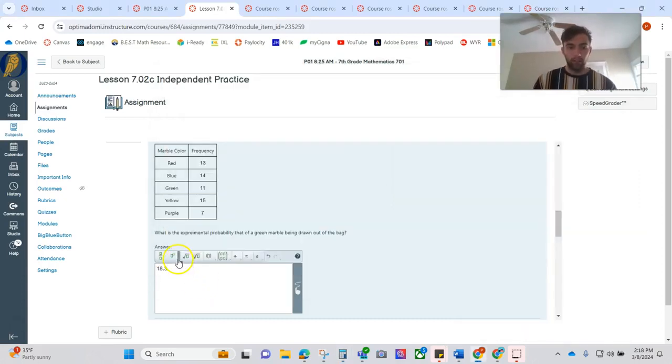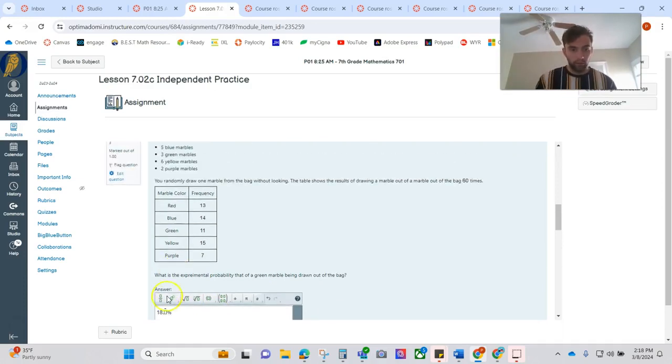18.3 doesn't say to round, so I gotta add that repeating decimal bar by clicking on the arrow, clicking right there. Oh, there we go, 18.3%. Oops. Percent. There we go. Don't want that repeating decimal bar.